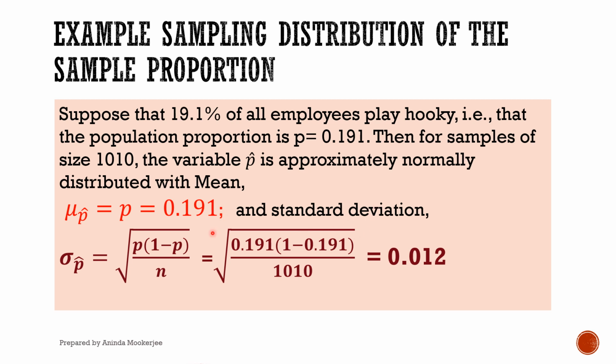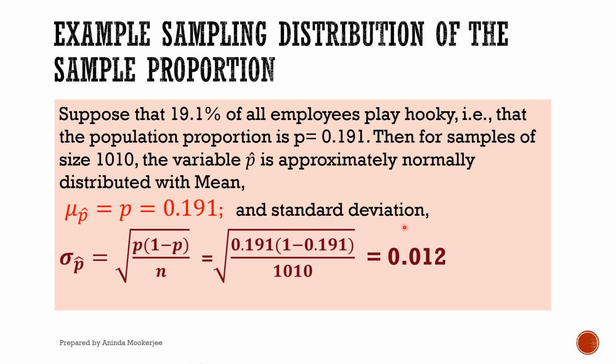And the standard deviation will be found using this formula, square root of P multiplied by 1 minus P, divided by n. We know what P is, 0.191. 1 minus P, which is the failure proportion, needs to be calculated and then divided by n, n being 1010.